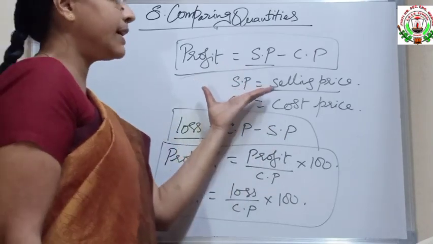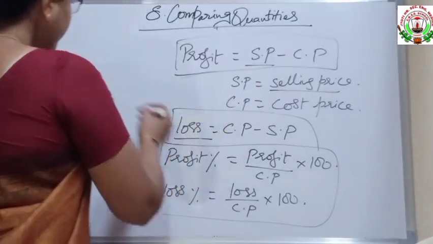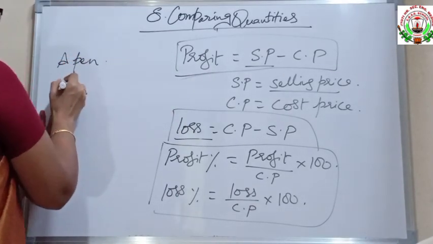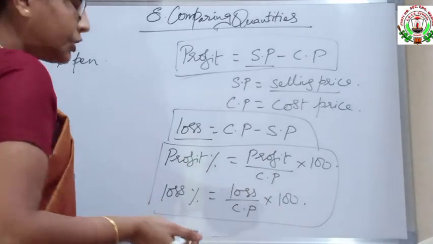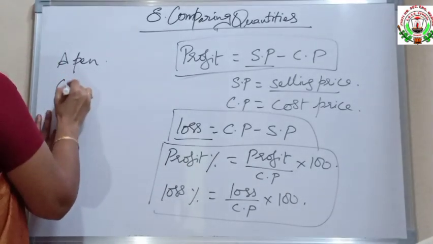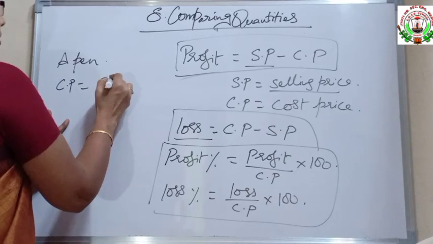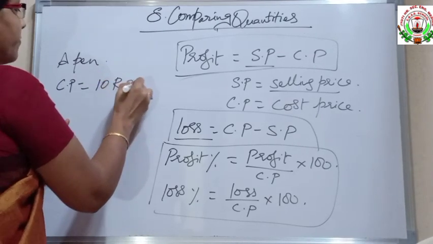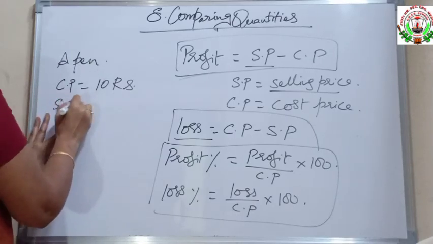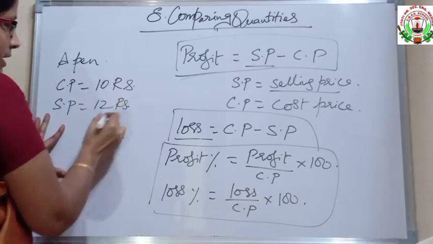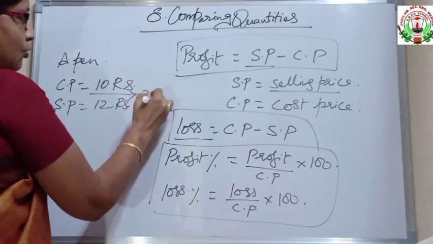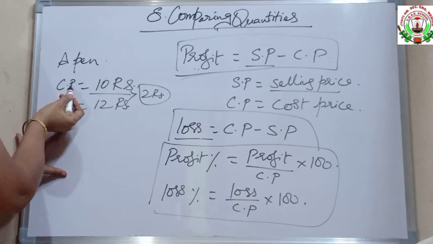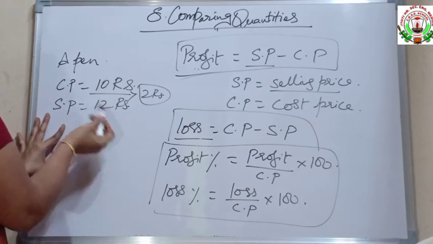I told you, for example, if you are having a shop and you are bringing a pen for 10 rupees and you are selling it for 12 rupees, the difference is 2 rupees. So this is the profit, because cost price is less and selling price is more.